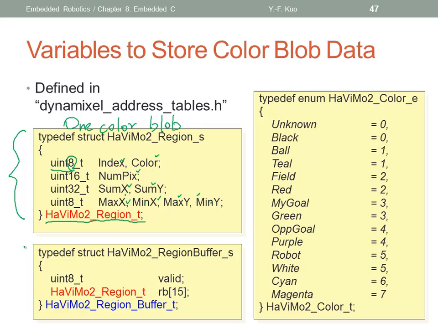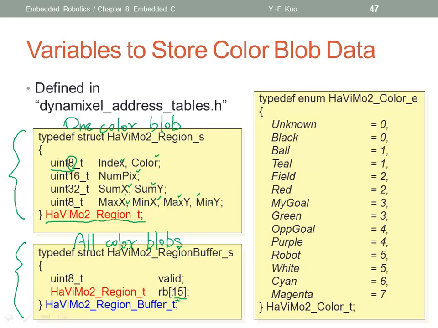Now, we also need another structure to store the information of all the color blobs. And remember that HaViMo2 can provide the information of up to 15 color blobs.